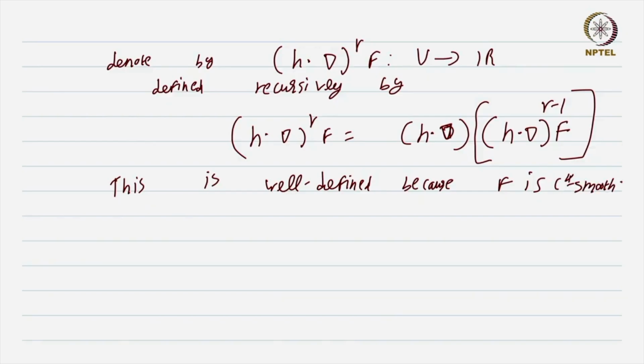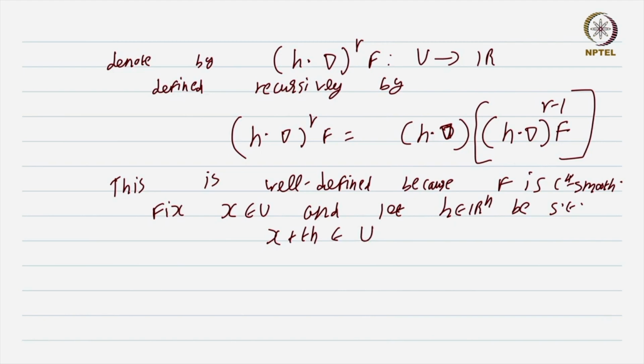So this was just set up for this technical lemma. Fix x in U and let h in R^n be such that x plus th is an element of U for all t belonging to the closed interval [0,1].